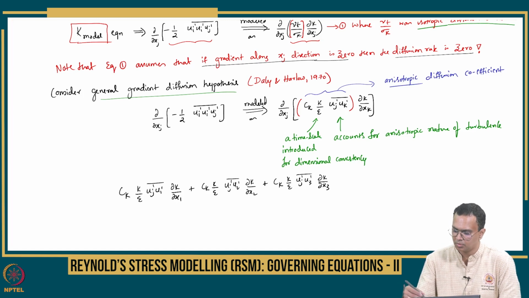It's a sum of 3 different terms. Even if the gradient is 0 in one direction, the other two directions can save you. That's the advantage here.